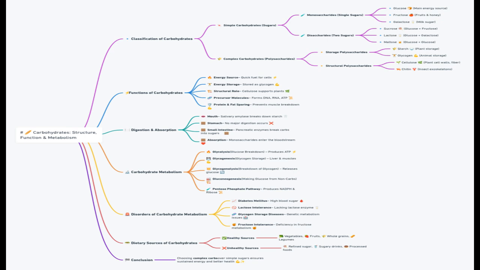So the glucose linear form, you have D-gluconate, and the sugars on mild reduction produce sugar alcohols like sorbitol, mannitol, xylitol, and they are used to sweeten sugarless food products.